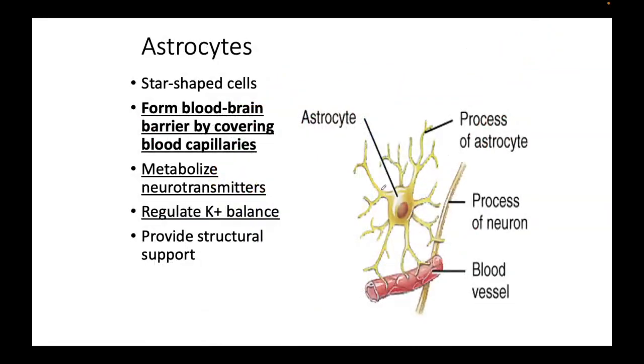So let's look at the first cell, the astrocyte. Within the word astrocyte, we see astro, meaning star or star-shaped. Astrocyte, astrology. The astrocytes are important because they're going to form the BBB, the blood-brain barrier.